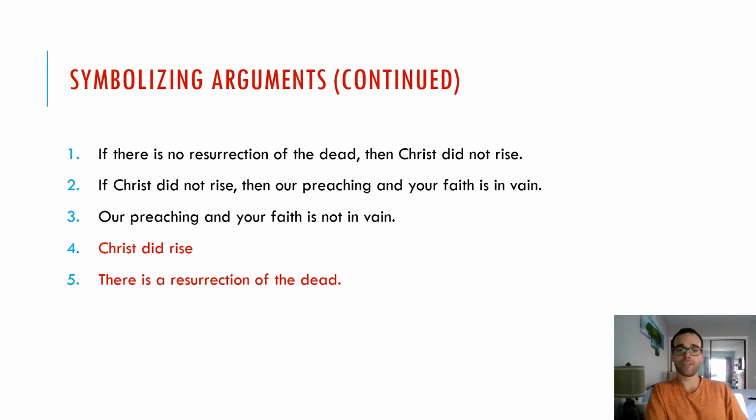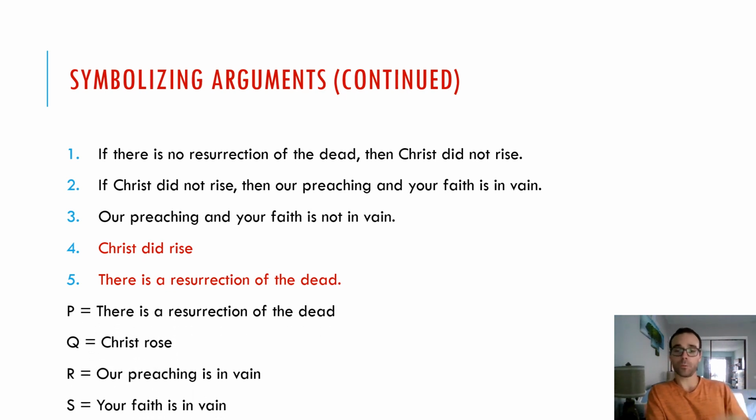Here again, we have a little longer, a little more complex argument, but we would do the same exact things. Determine how many simple propositions there are and what propositions there are, and then create a key to symbolize each one of those simple propositions, and then rewrite the argument using the symbols and the variables from the key. So here we would have 4 simple propositions.